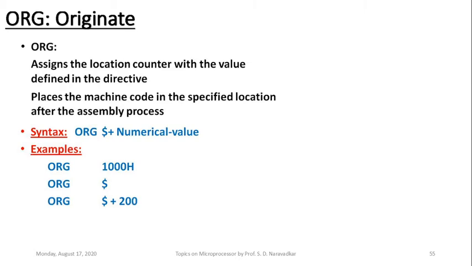And then the third example, ORG dollar plus 200, will be a relative memory location where the assembled machine code will be placed, with reference to the current contents of the location counter, at the offset location, at a distance of 200. At a distance of 200, that assembled machine code will be placed. So it is the relative location with reference to the current contents of the location counter.